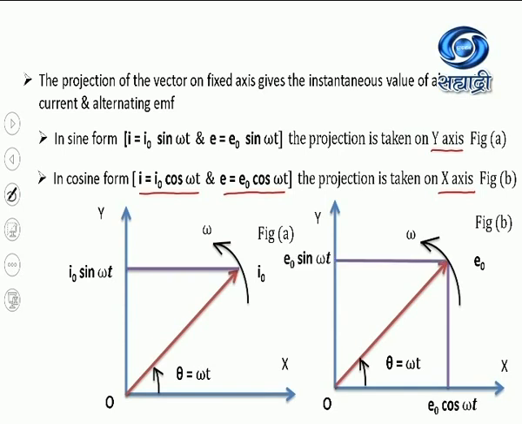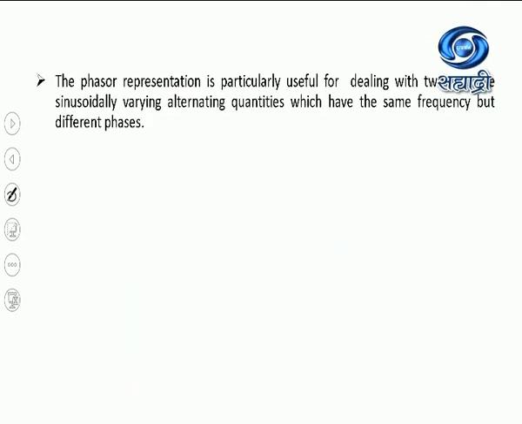So on the x-axis, EMF will be given by E naught cos omega t. If you take the projection on the y-axis, the instantaneous EMF will be given by E naught sin omega t. Same is the case with the current. If you take the projection of the current on the x-axis, it will give you the instantaneous current as I is equal to I naught cos omega t.